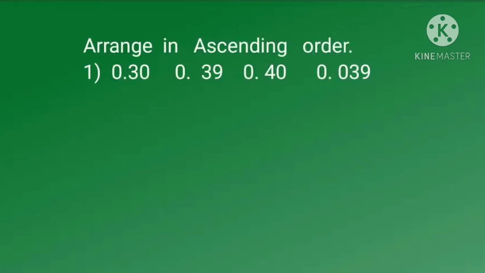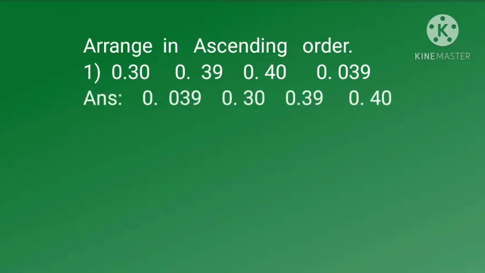Next, arrange in ascending and descending order. Question: 0.30, 0.39, 0.40, 0.039. Ascending order: 0.039, 0.30, 0.39, 0.40.